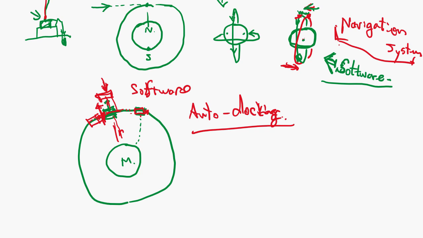Okay, then the sample unit is transferred to the return unit, and once the sample is secured in the return unit, the return unit fires up the engine and goes back to Earth.